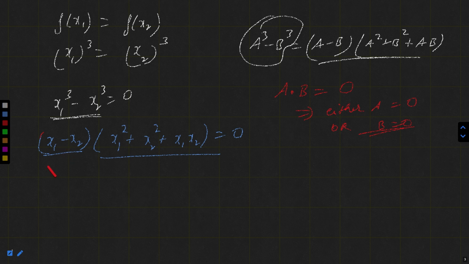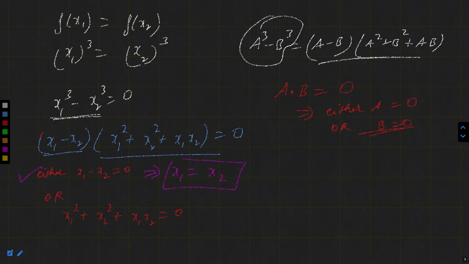So from this I can say, either x1 minus x2 is equal to 0 or x1 square plus x2 whole square plus x1 x2 is equal to 0. If the first happens, then this implies that x1 is equal to x2.